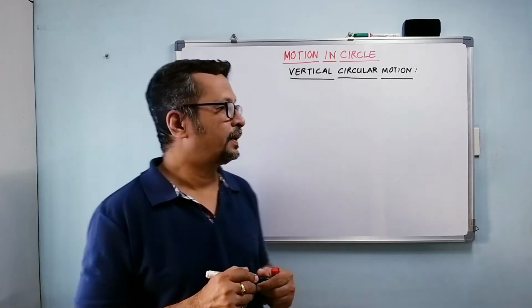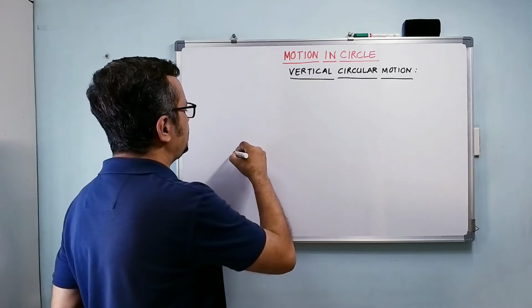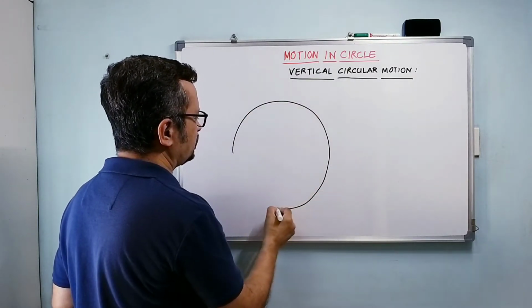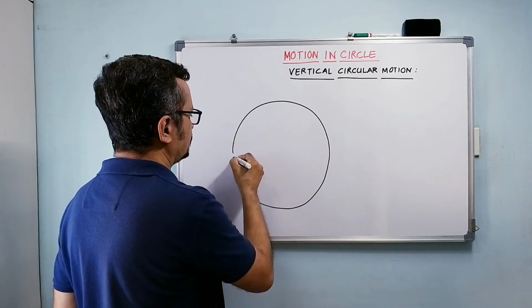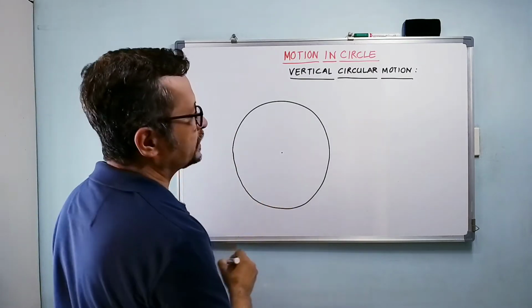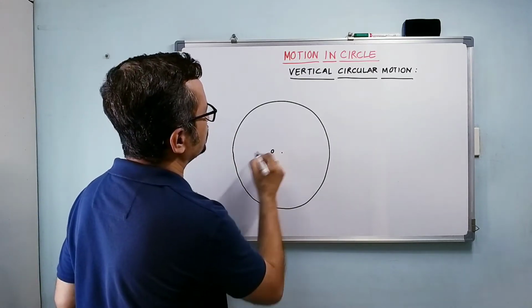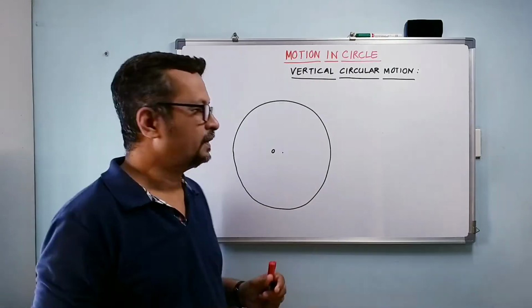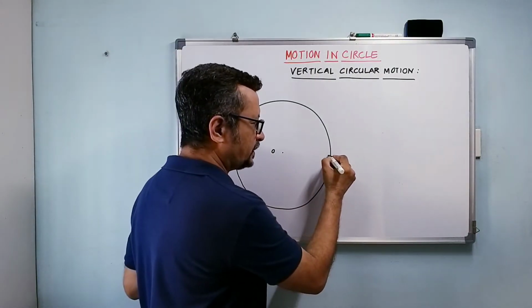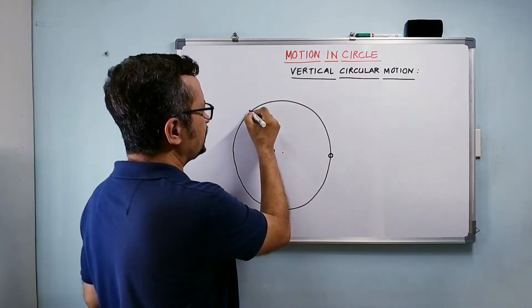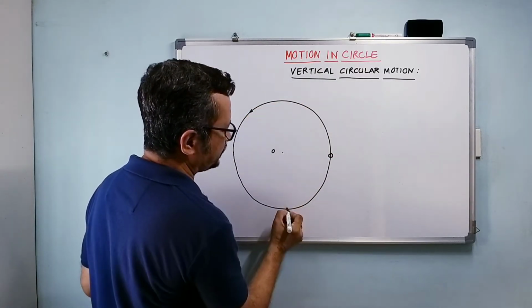Now, let us have this particle performing vertical circular motion, right? Now, this is the center of the circle. Let us call it O. Let us imagine that this particle, this stone tied to a string, moves in this vertical circle.